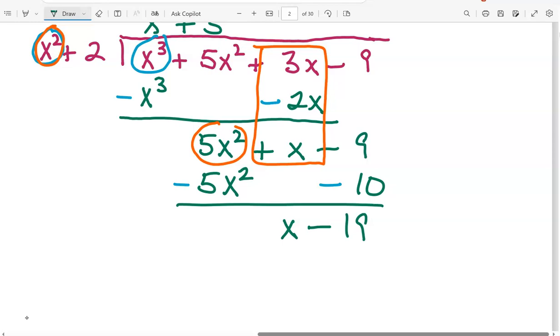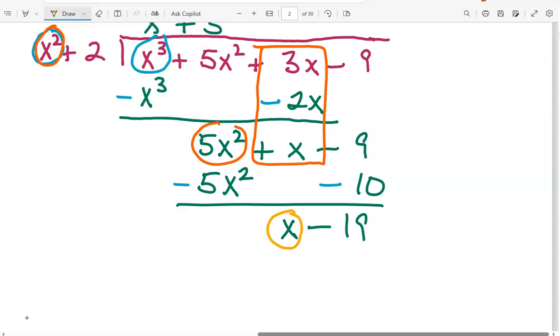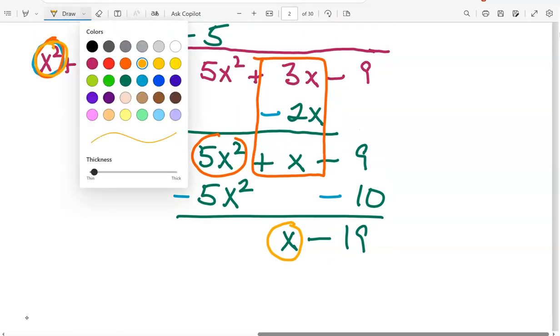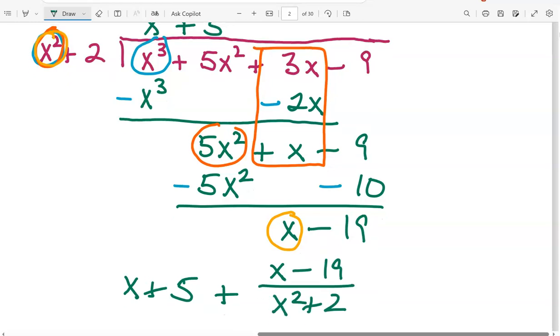Last thing I'm going to look at is, can we do any more division? First term of the remainder here divided by the first term of the divisor. We can't actually do that division and come out with a quote-unquote whole number. So that means it's time to stop. So if it's time to stop, the result is x plus 5 plus our remainder of x minus 19 divided by the divisor of x squared plus 2.